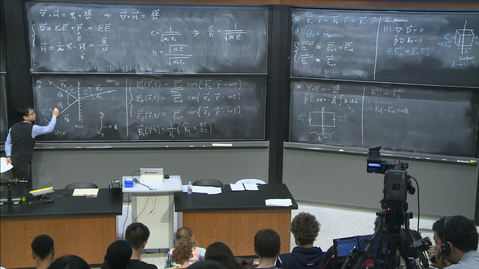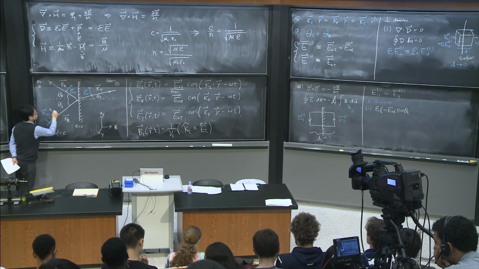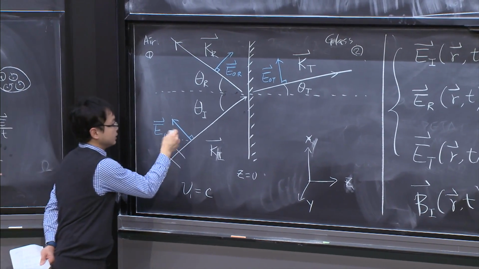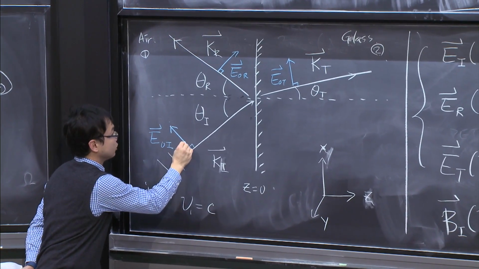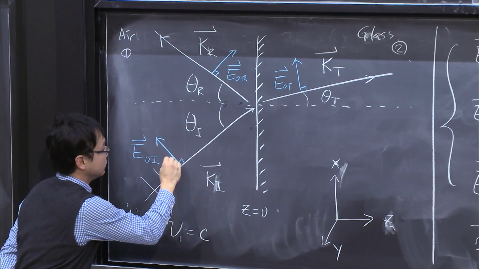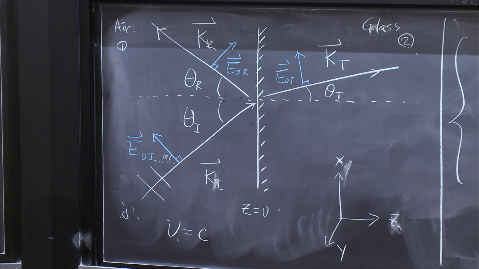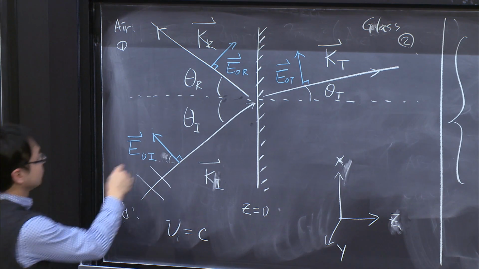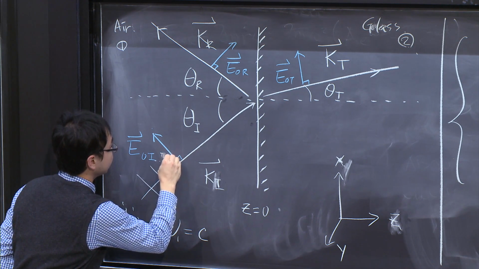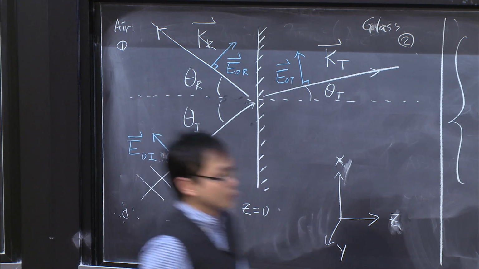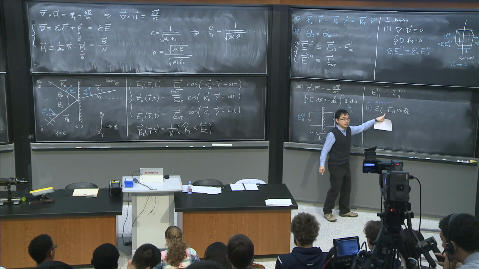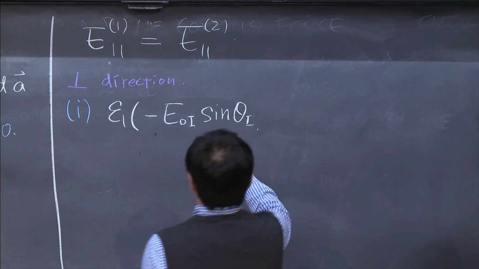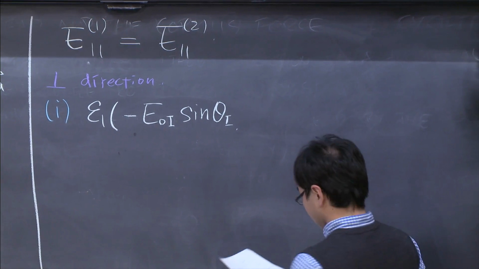You can see that now I am trying to project everything to the direction perpendicular to the surface, and you can see that I have a minus sign. So this angle is pi minus theta, right? So therefore, I have the cosine theta I, and I have this minus sign because it's pointing to the left-hand side of the board, right? Okay, so that's the contribution of the incident wave.